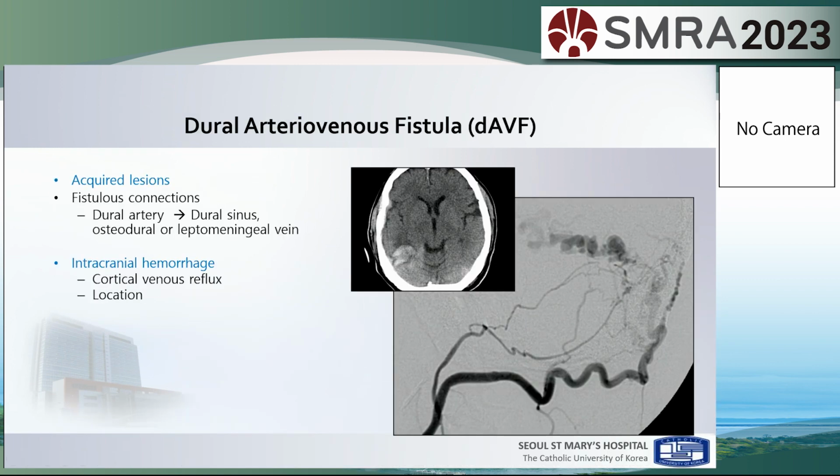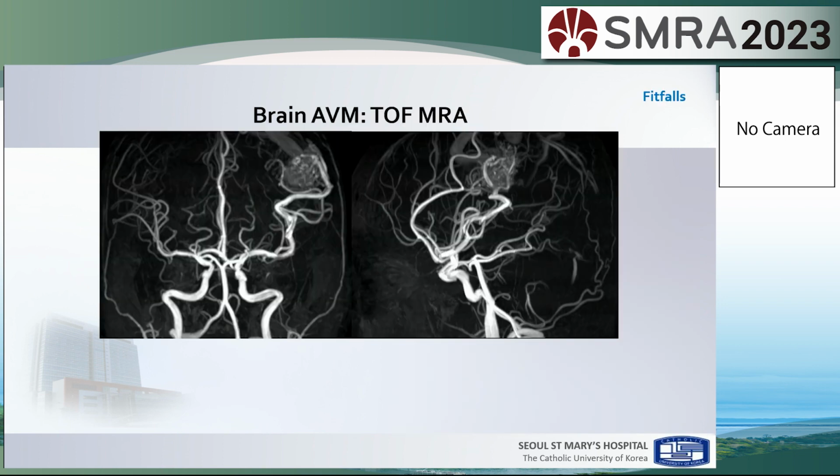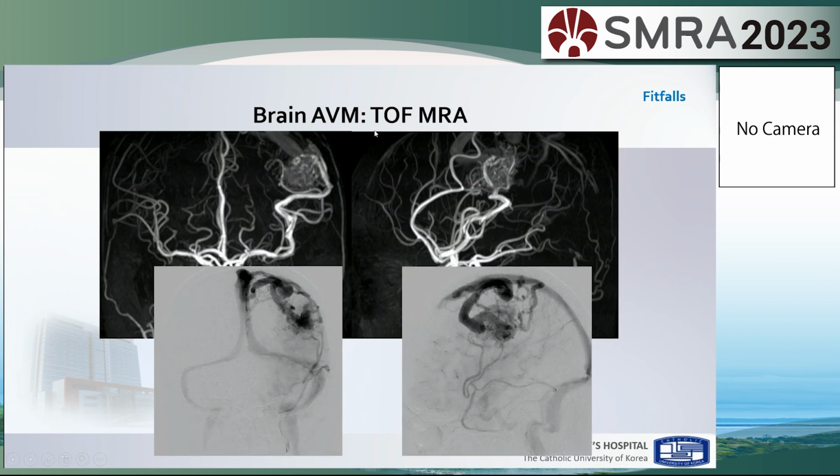So maybe I will skip the basics of brain TOF, brain AVM and dural AVM, but TOF MR angiography has a pitfall: we can evaluate the upward feeding artery or nidus, but it is quite difficult to thoroughly evaluate the downward flowing draining veins.